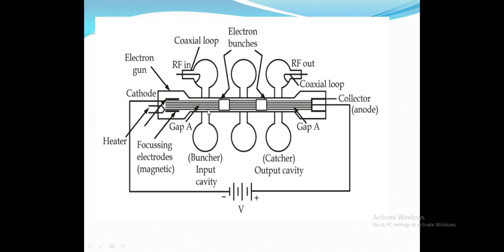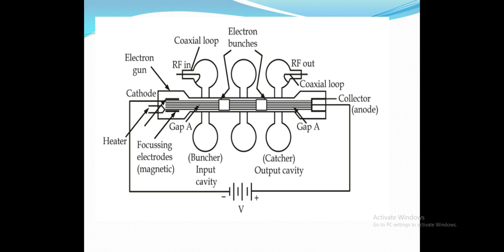The beam passes the gap A in the buncher cavity, and the RF input signal to be amplified is applied to the buncher cavity with the help of loop coupling. As a result, bunches of electrons will be formed near the buncher cavity. The beam is then allowed to drift freely without any influence from RF fields until it reaches gap B in the catcher cavity.